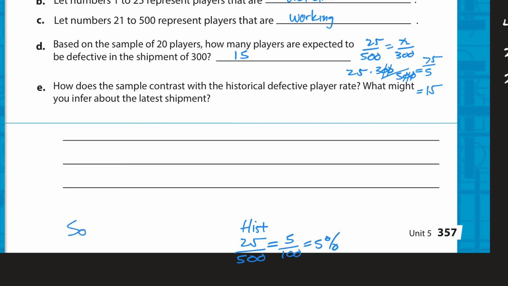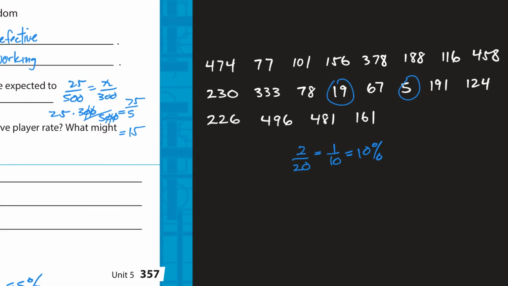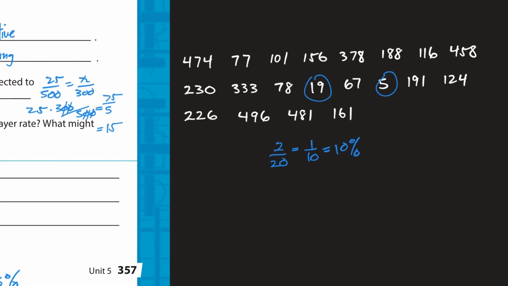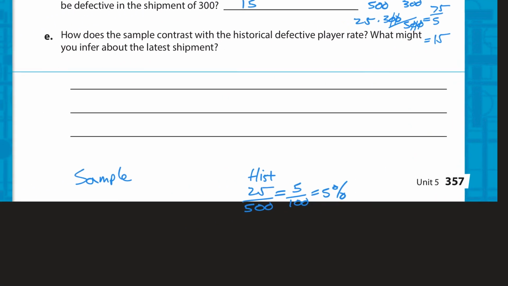But from my sample over here, it was 2 out of 20, which is 10%. So the sample is 10%. So how do they contrast?